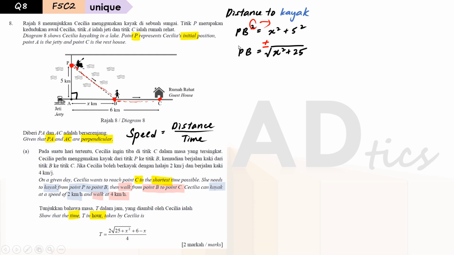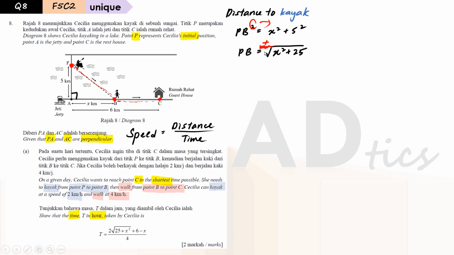The reason is because we are finding PB, and PB is actually the length or the distance. Length and distances must be positive. That's why we ignore the negative version, because there will be no such thing as negative length or negative distance. There will only be the positive distance. So we are just going to consider the positive version only, and this would be our distance.